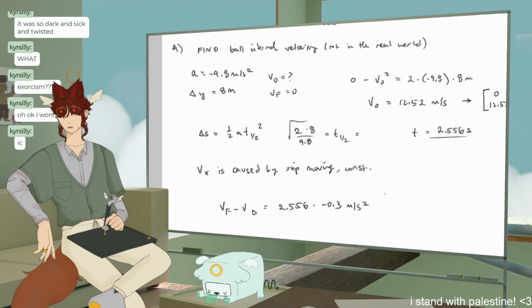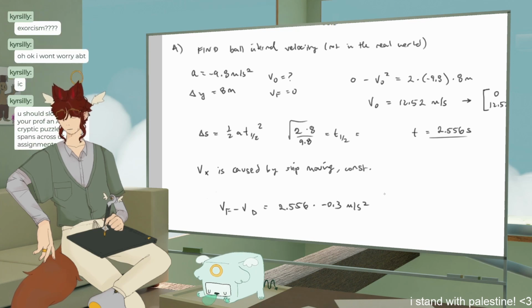It's so frustrating because it's like I've tried so many things. I've tried literally everything. You should give my professor an ARG level cryptic puzzle that spans across my many assignments. That would be awesome.